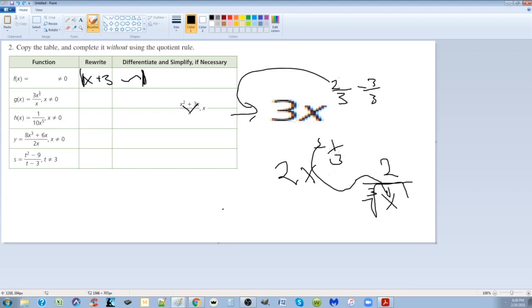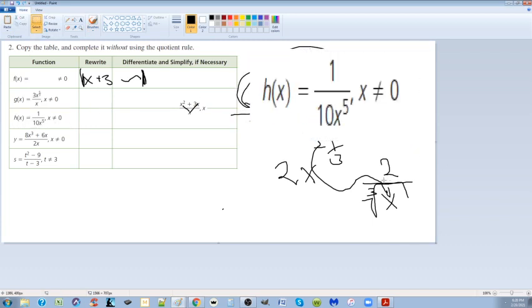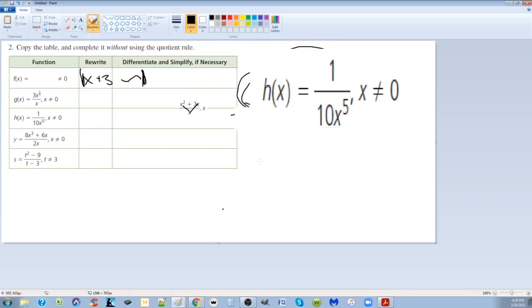But once it's up top like this with a resolved, simplified x, I can use the power rule. Same with this one, except I'm going to convert that x to a negative. So this is the same as 1/10 times, if you want, 1 over x to the 5.